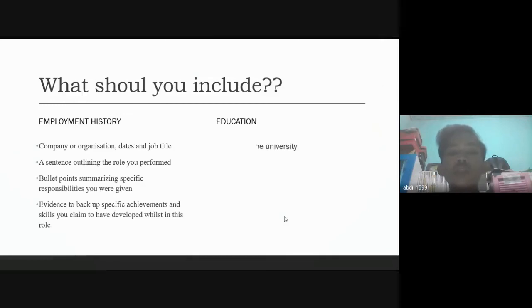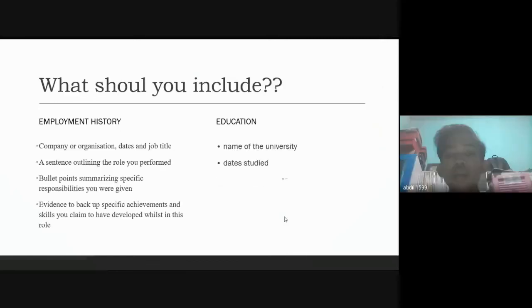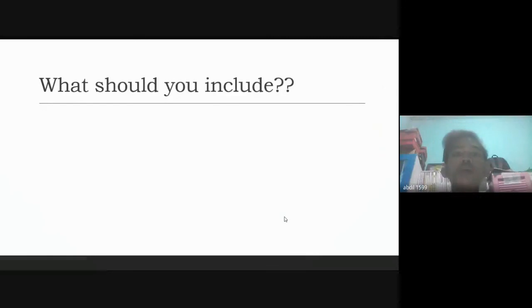And education: name of the university that you studied at, name of the degree or major subjects, and certificates. What will you include in skills and interests? Skills in language, computing, and other skills.